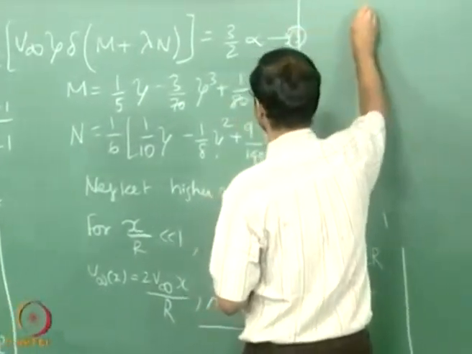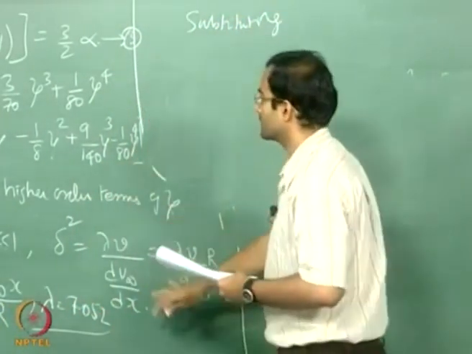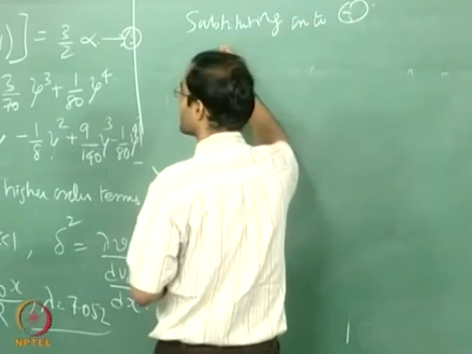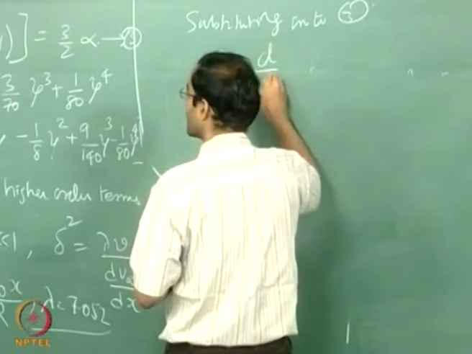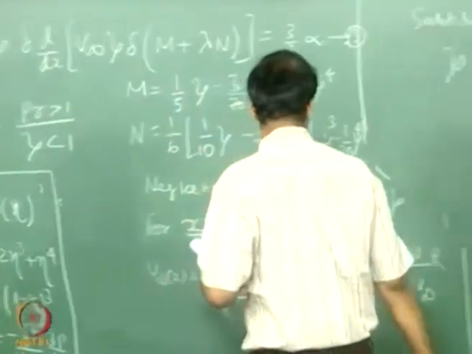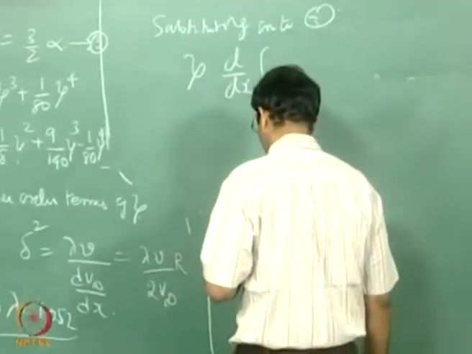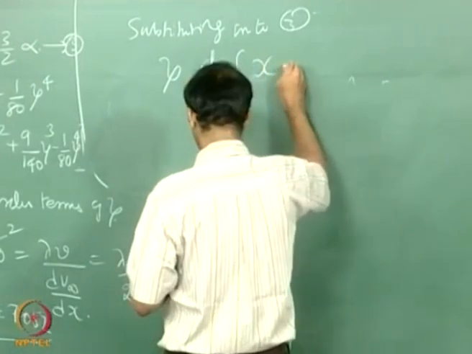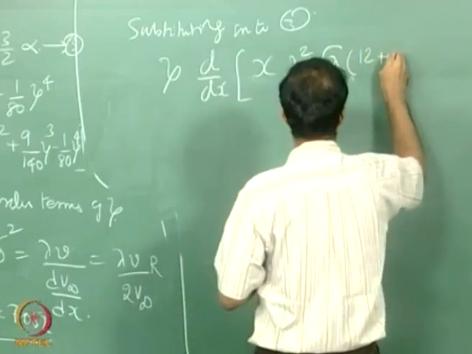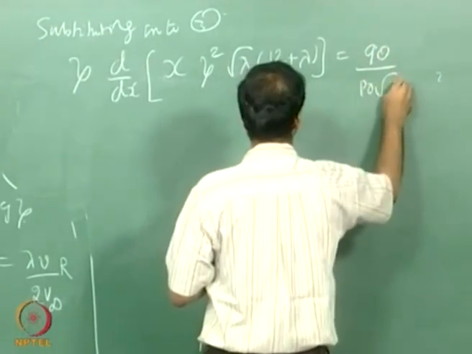Substituting all these approximations now into 3, you should be getting zeta d by dx. I have already substituted for delta, and I know the value of lambda also, so this will be x times zeta square root of lambda into 12 plus lambda, which will be equal to 90 by Prandtl number square root of lambda.